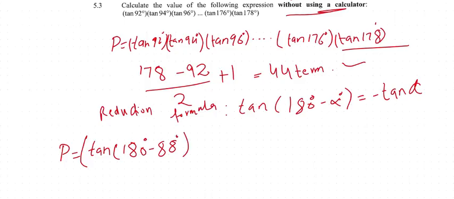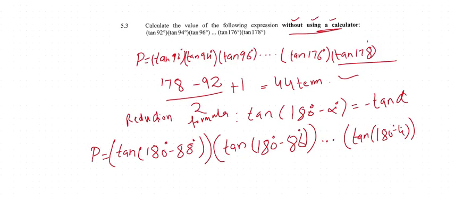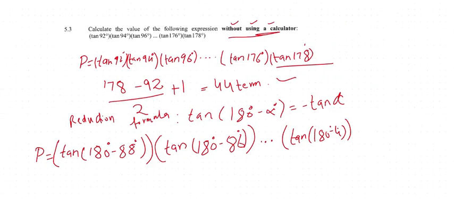And we have tan(180 minus 86 degree), which equals tan(180 minus 4 degree), and the last is tan(180 degree minus 2 degree).